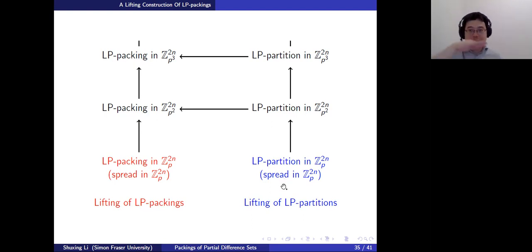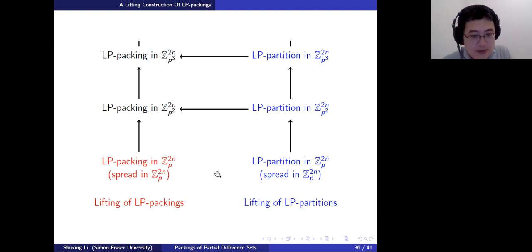So step one, we set up the ground level. For step two, we go to the right-hand side. We propose a lifting construction for the LP partitions. It is a recursive one: starting from level p, we go up to level p squared, level p cubed, and we can continue. So in step two, we get a collection of LP partitions with arbitrarily high exponent.